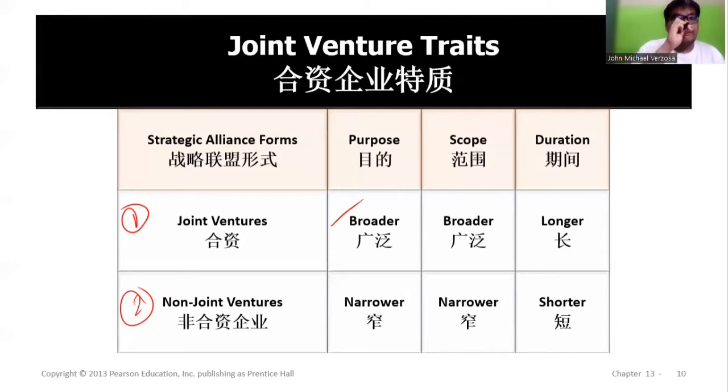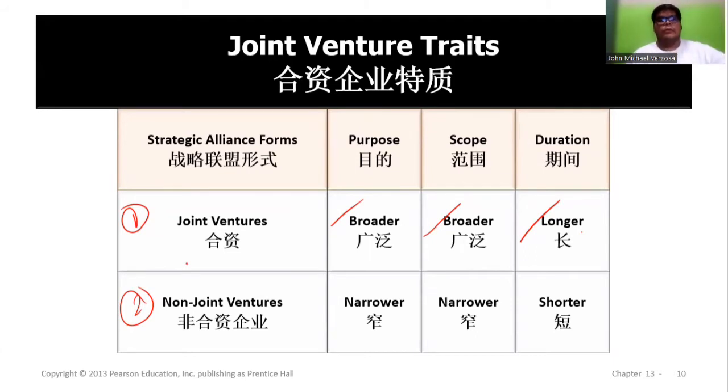Also, the scope is broader, and the duration is long. For the non-joint ventures, it might be for a one-time project or venture only, or without any agreements or contracts whatsoever.